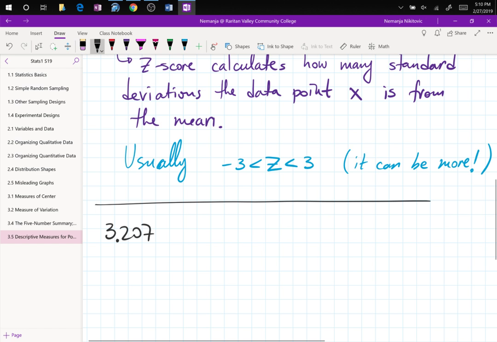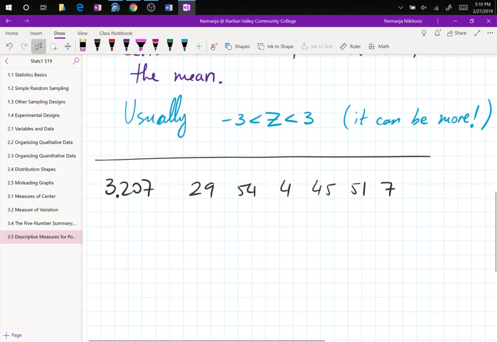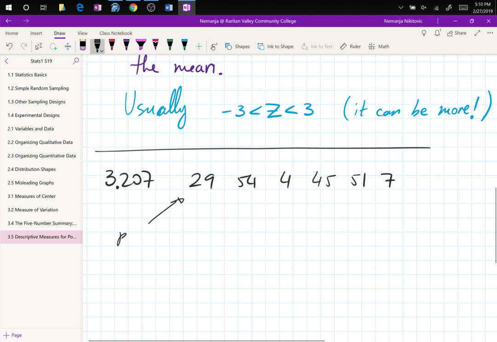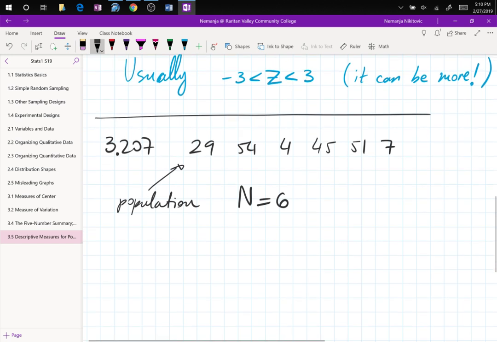And those entries are 29, 54, 4, 45, 51, and 7. So this is your population, which means capital N is equal to 6. You have 6 entries: 1, 2, 3, 4, 5, 6. 6 data points. So capital N is equal to 6.